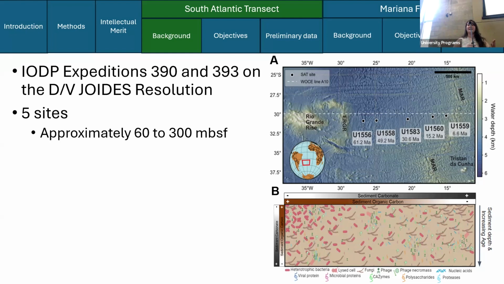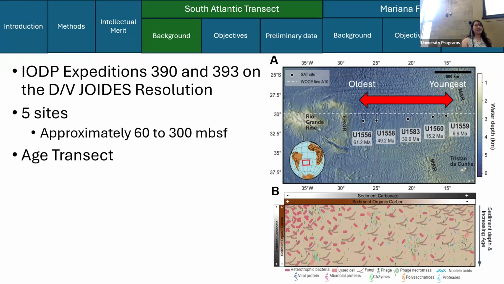And then at the sites closest to the South American continent, the deepest sediments were approximately 300 meters below the seafloor. This area represents an age transect where the sediments closest to the Mid-Atlantic Ridge are approximately 6.6 million years old, and furthest from the Mid-Atlantic Ridge are approximately 61.2 million years old.